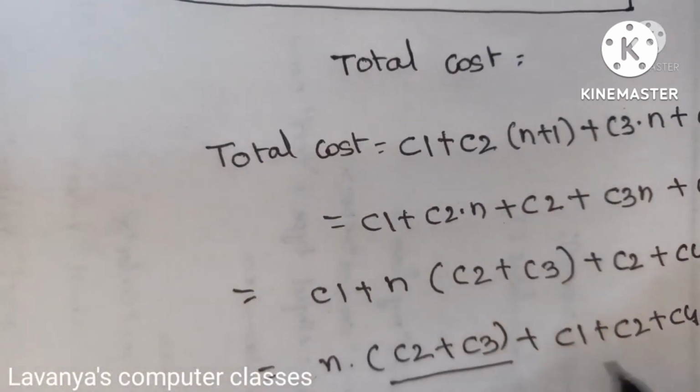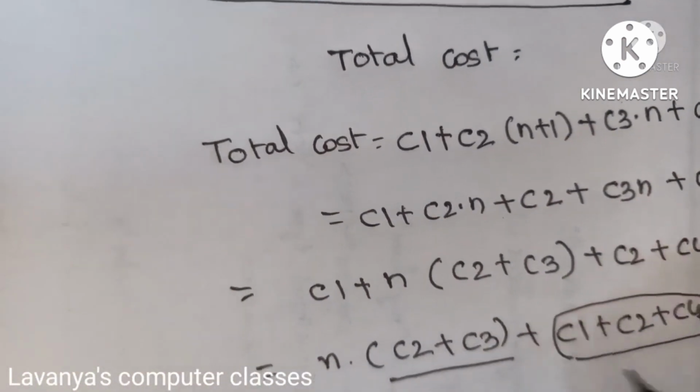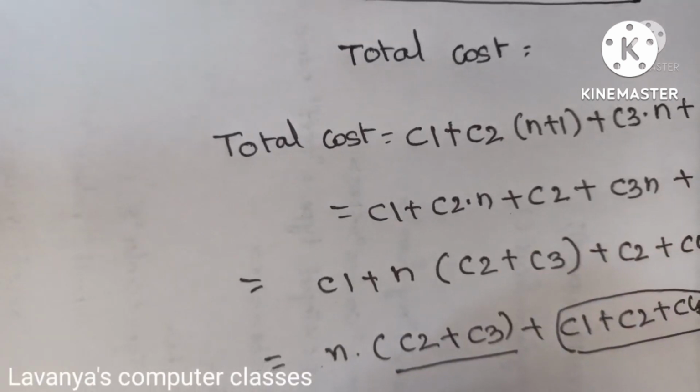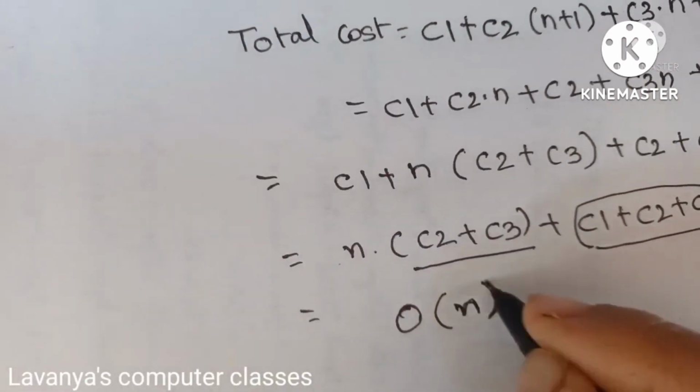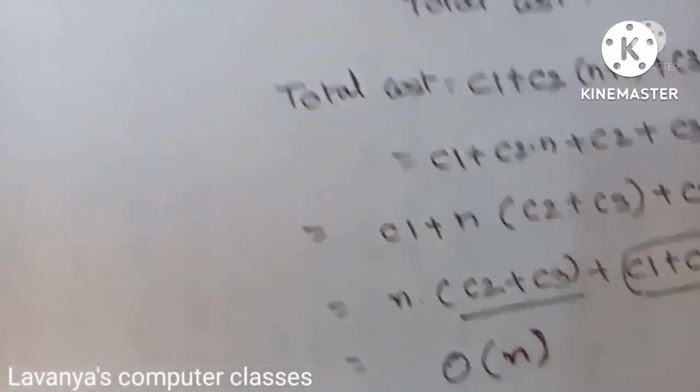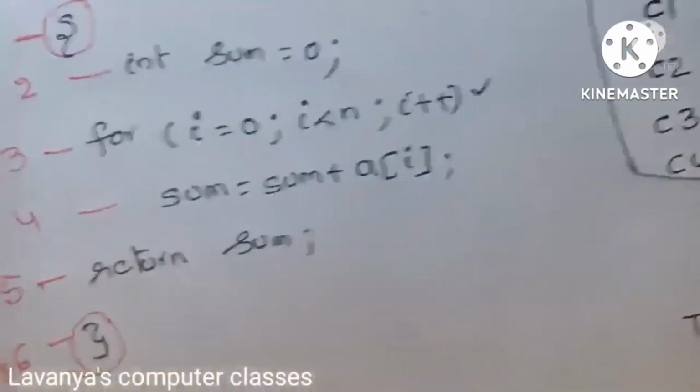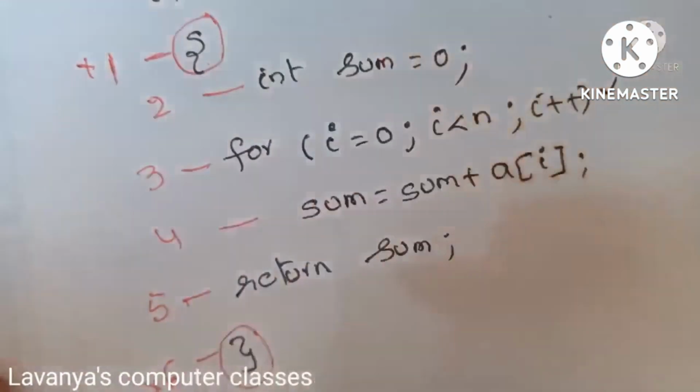All constants are considered as just constants, so keep them aside. So the time complexity of the entire algorithm is big O of n. This is the time complexity of an algorithm using the step count method.